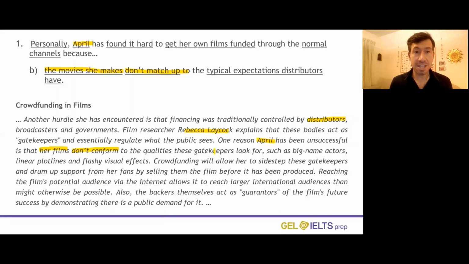The qualities, these gatekeepers, so if we remember these gatekeepers, that's referring back to these gatekeepers here, which is referring to distributors, broadcasters, and governments. So these gatekeepers is the distributors look for. So the qualities these gatekeepers look for, that could be the typical expectations the distributors have. And then it gives some examples of these expectations. It says big name actors, linear plot lines, and flashy visual effects.